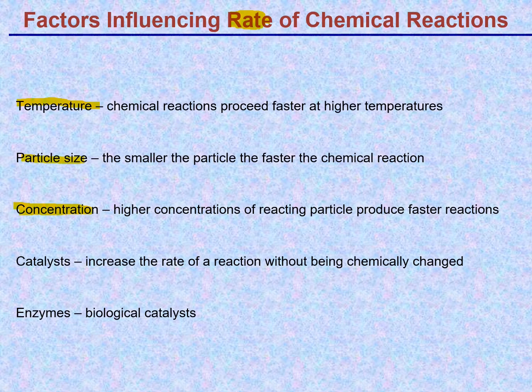Particle size is important. Smaller particles can move around faster and interact more quickly, and therefore have a faster reaction rate. Concentration, as I said, a higher concentration will produce faster reactions. It could be on the left side or the right side, and you get these shifts one way or the other.